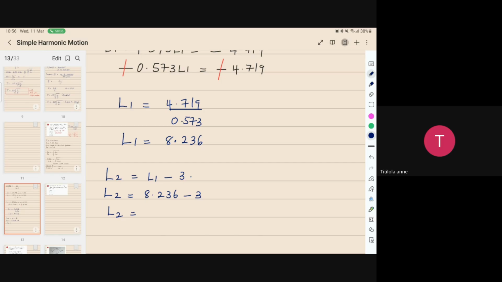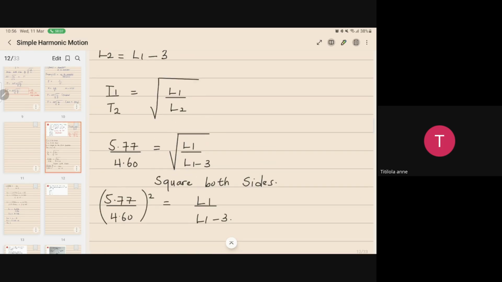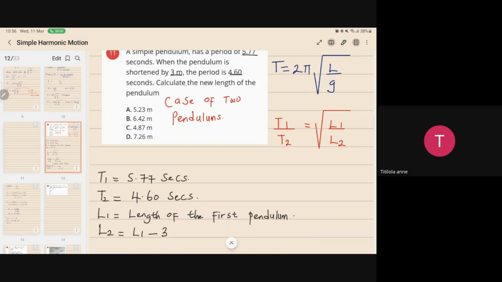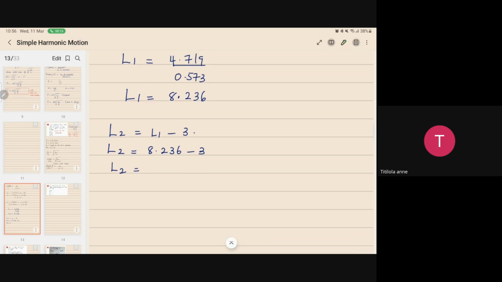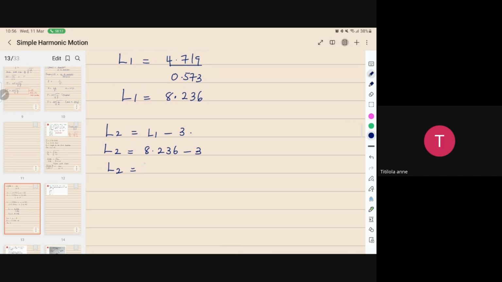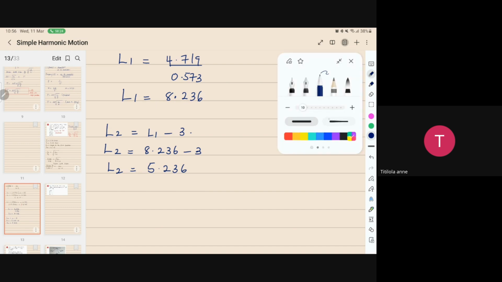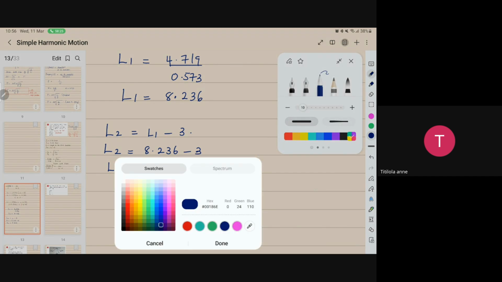That will give us 5.236. Do we have that in the options? Yes, we have 5.23. So L2 is equal to 5.236. A thumbs up if you follow to this point.